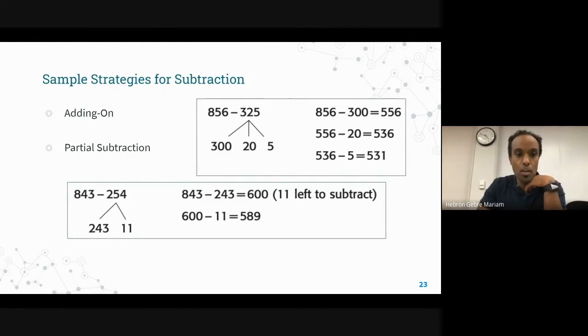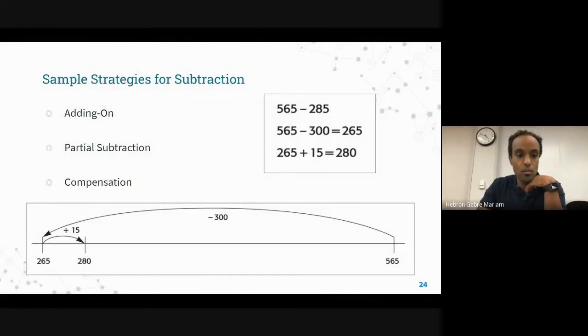And the next strategy, just have a couple more, is compensation. We've seen this in addition. Again, we see it in subtraction, and it involves subtracting more than what is required and then adding back the extra amount. It's effective because the number being subtracted is close to a friendly number.